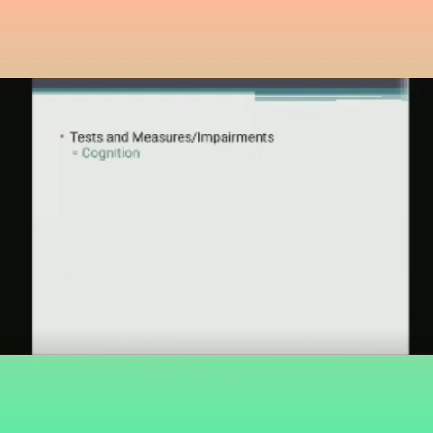Then comes your test and measurement of impairment. For different systems, we have to do the assessment. First is cognition. You have to know the patient's current cognitive level. Then communication, if there is some speech problem, you have to know how verbal or normal communication is possible currently.